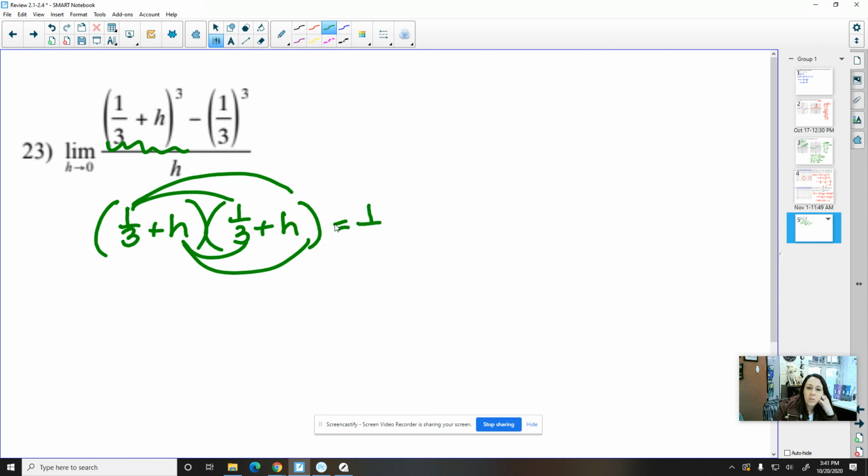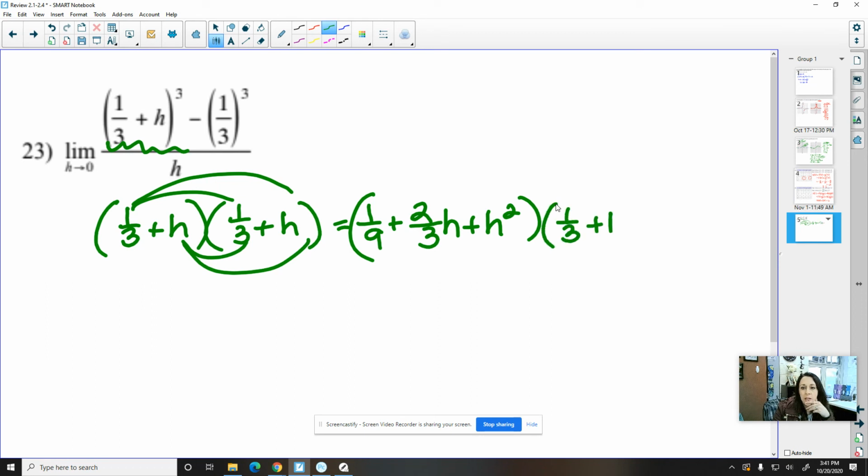So this would be 1/9 plus 1/3, so 2/3 h plus h squared, and then I got to multiply that by 1/3 plus h one more time.